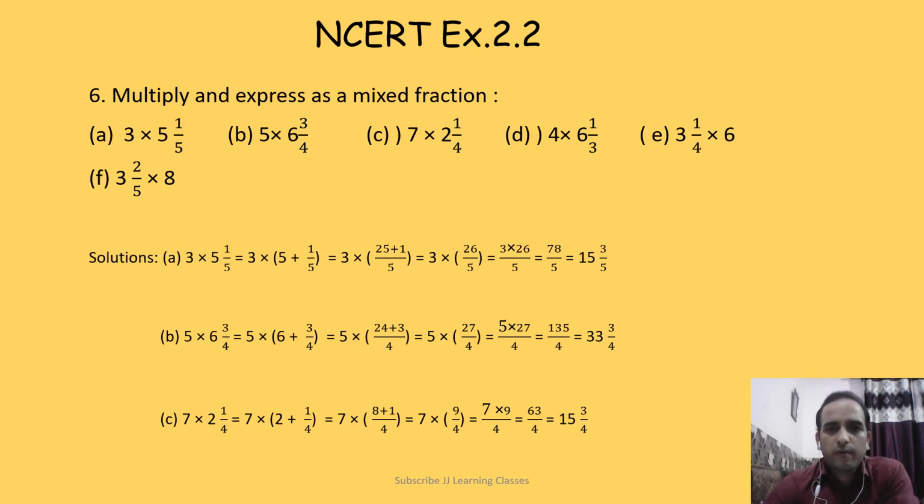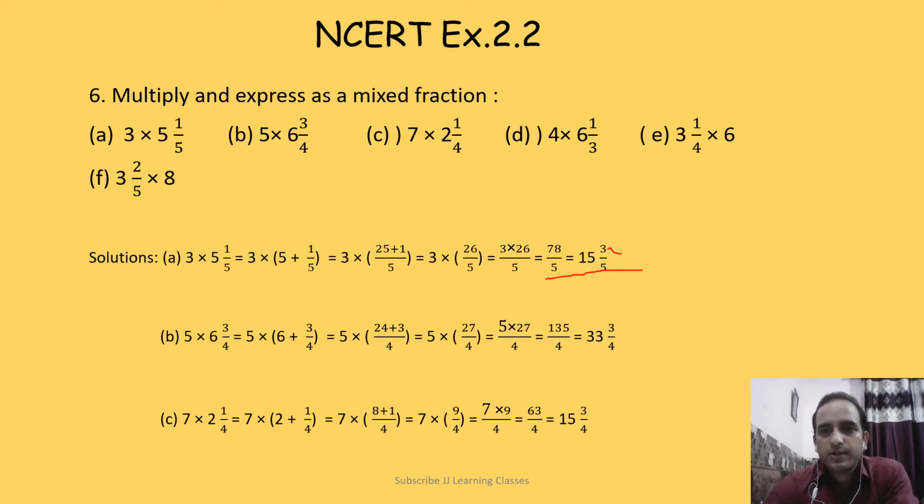25 plus 1/5. So you need to take the LCM and add the fractions, which we have discussed in the previous video, part 1 video, to get 25 plus 1/5 here. So it becomes 26/5. 26 three times becomes 78, and then divided by 5. So we have to convert this 78/5 into a mixed fraction, and we get 15 3/5.